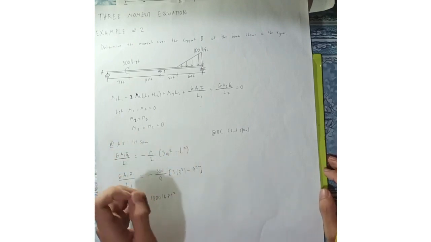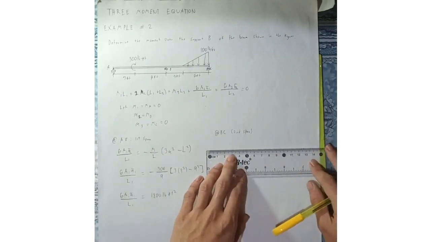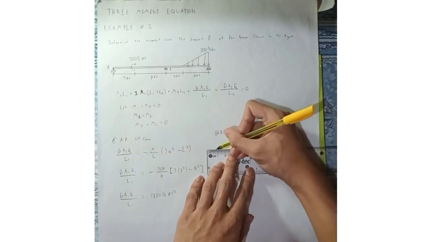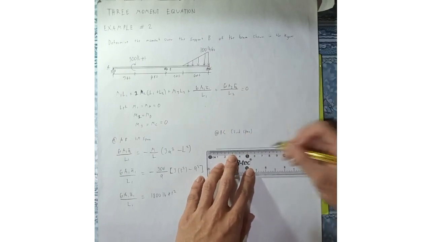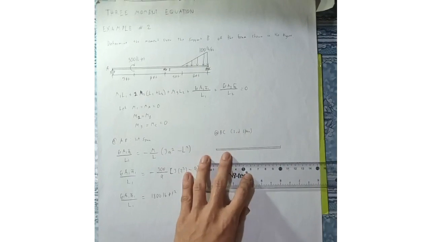So at second span BC, we will use the left side of the beam para dili trapezoidal, mga tong atong triangle.